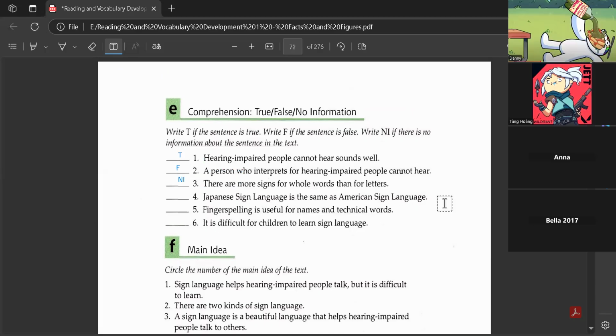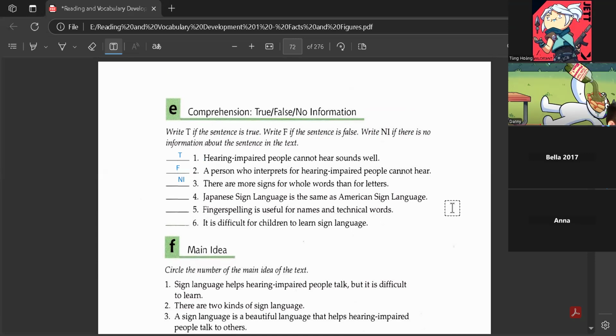Number 4, Japanese Sign Language is the same as American Sign Language. Bella, is it true, false, or not given? I think it's false. Wait, did they mention Japanese Sign Language in the text?